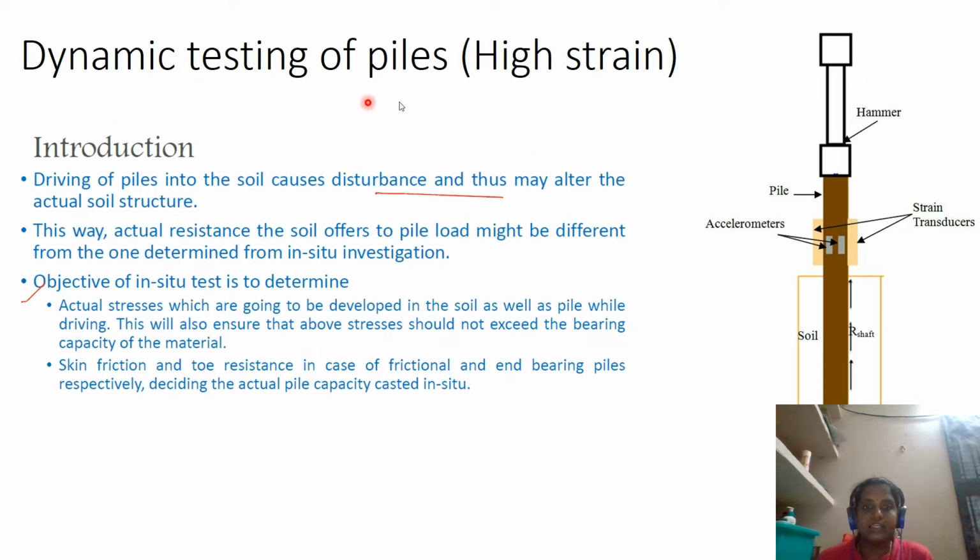For dynamic testing of piles, we have two types. One is high strain, and the other is low strain. In a high strain test, we have strain transducers and accelerometers fitted to the pile, and above the pile head we have a hammer system which will drop and give an impact force on the pile, causing the pile to move down into the soil.